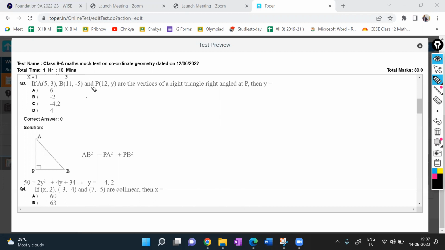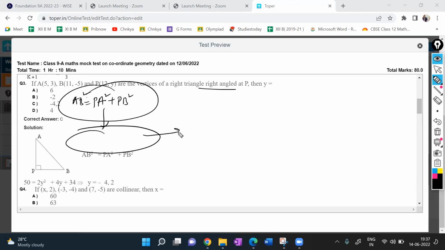Before finding the y value, we wrote one equation. See, I got a right angle triangle. For AB I got one thing, for PA I got one thing, for PB I got one thing. After solving this, we got one equation. What is the equation I'm asking?